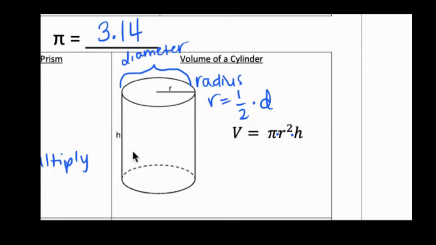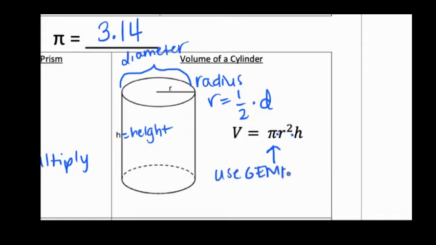H here just means height, so how tall it is, just like the h in the rectangular prism. So not too hard to transfer between the two shapes. The volume of a cylinder has pi times r squared times h. When you're going to solve this, you have to take the radius squared and do that first, because you have to remember that we use GEMDAS.